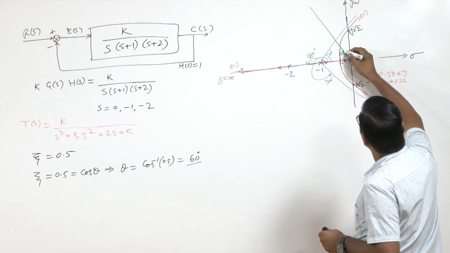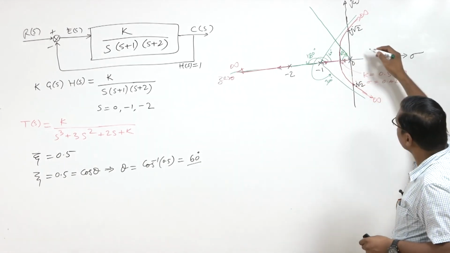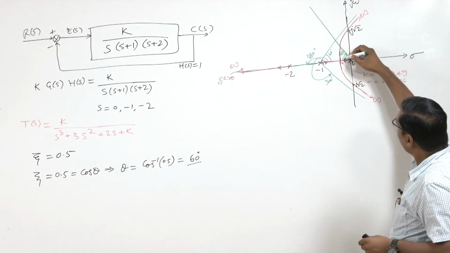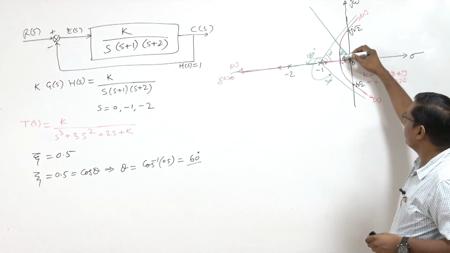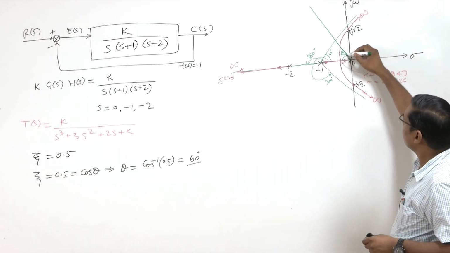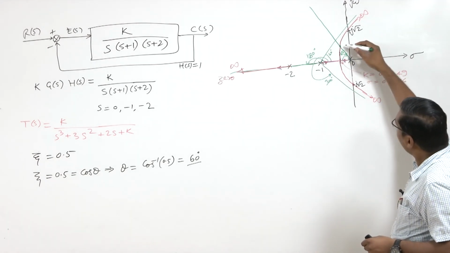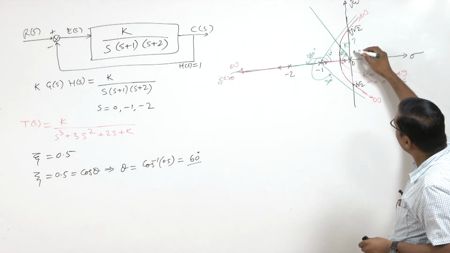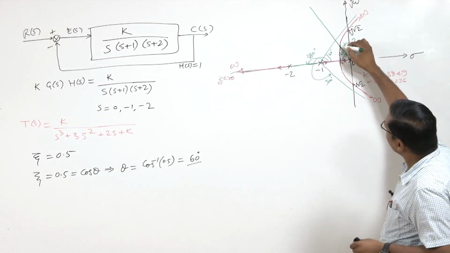This is 60 degree, because we remember that when we discussed the pole plot, damping equal to cos theta. So this is 60 and we have to find the point S for which this line is cutting this root locus, and the gain there.